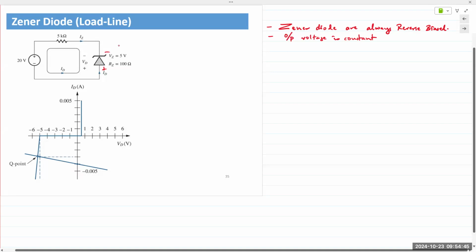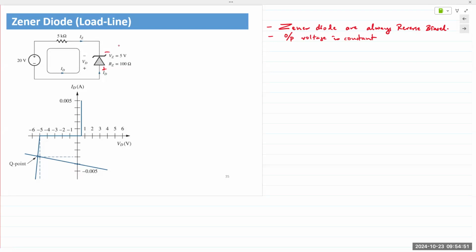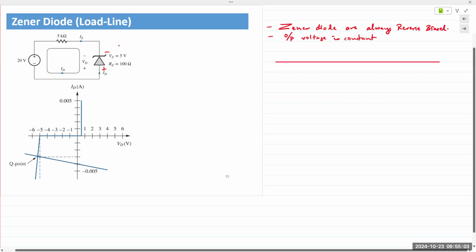In the reverse bias, they hold the output voltage near constant. So there could be huge amounts of current flowing through the Zener diode, but the output voltage will remain near constant. And I'm going to draw out the characteristic of the Zener diode in reverse bias. This is going to be a bit exaggerated. We have minus VD, minus ID.